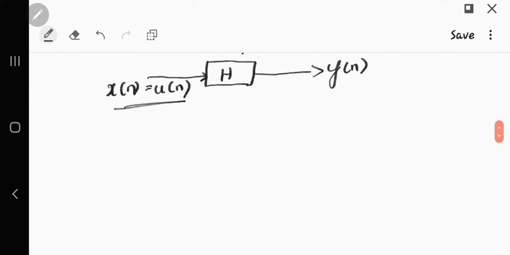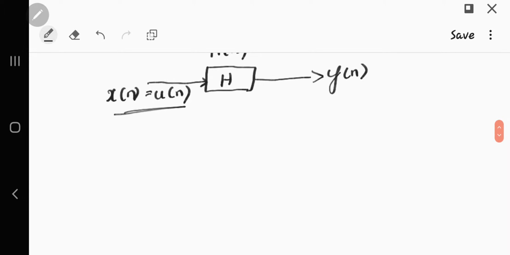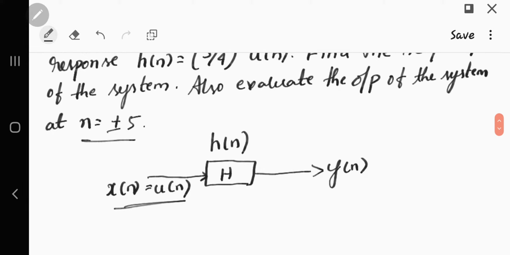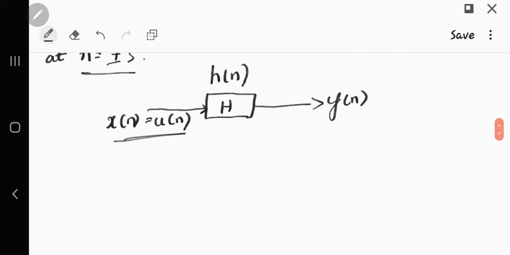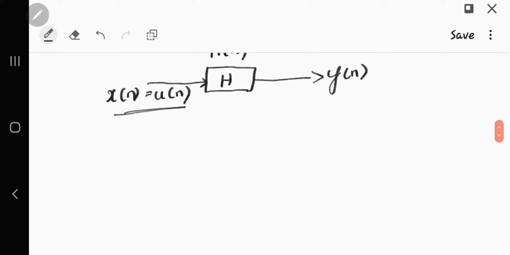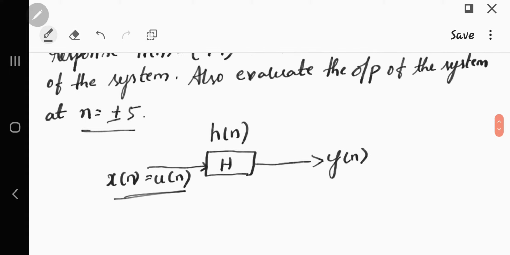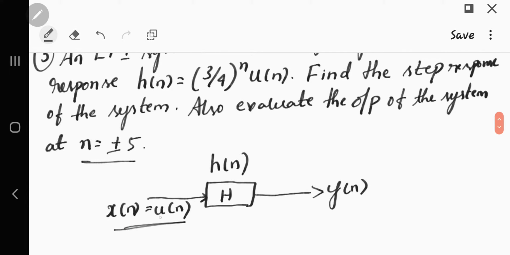Okay. Let's plot the signals x of n and h of n. I am not going to plot, and I will explain why to you later. So first thing is how we are going to solve this. Now looking at the signals, you can see x of n is equal to u of n, that is nothing but a unit step function.